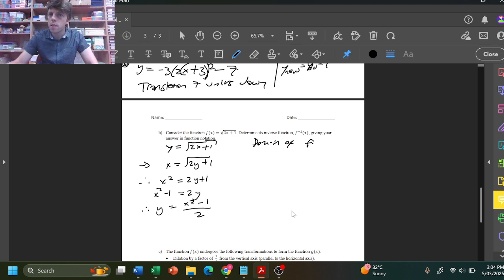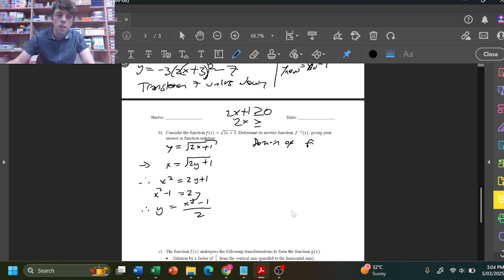Well, this thing underneath the square root can't be negative, which means that 2x plus 1 can't be less than 0. If x was negative 1, then we'd get 2 times negative 1 plus 1, which is negative 1, a negative number. So what are we going to have to do then? Well, x needs to be larger than or equal to negative a half. To work that out, we can just think 2x plus 1 needs to be greater than or equal to 0.